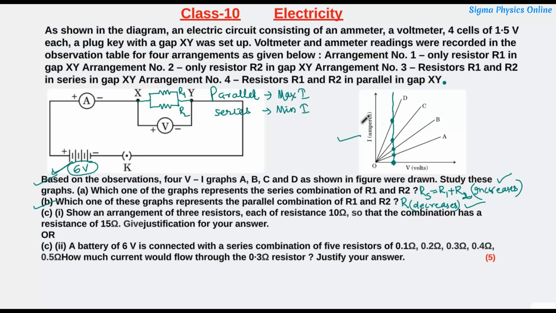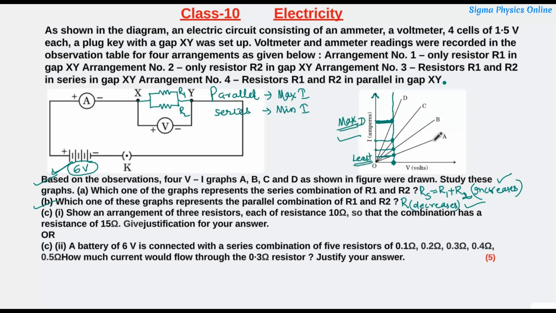Now join all these 4 to the current axis. Now this is the value of current which is increasing. So this one has the least current value and this line which cuts the current axis at this point has the maximum value.